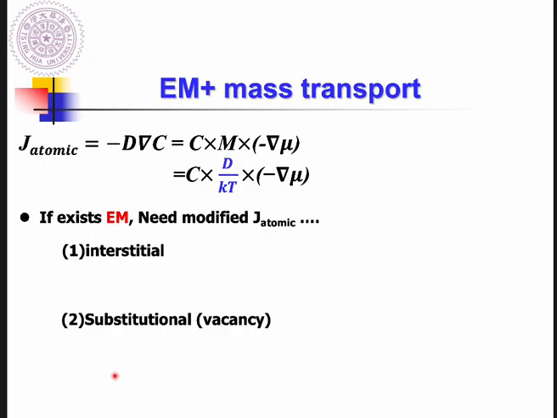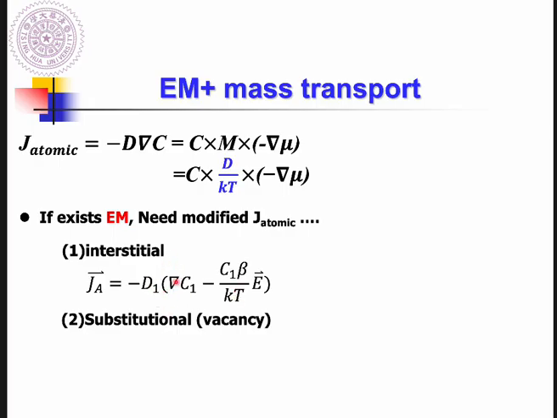When we talk about EM, electromigration, usually we talk about everything happening in metal materials or alloy materials. So the cases we introduced can simply be divided into two parts. The first one is where you extra add some dopants at the interstitial sites. In order to get this interstitial atomic flux, it can be driven by two driving forces.